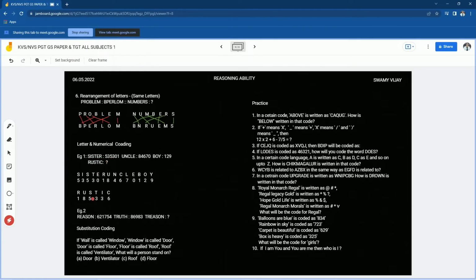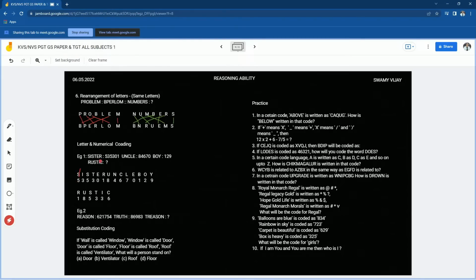Now I have explained here. We have to write sister, uncle and boy in one straight line, and write down the numbers given to all these letters, not in your alphabet like A to Z. Whatever numbers are given to these letters in this question, the same numbers we have to write.